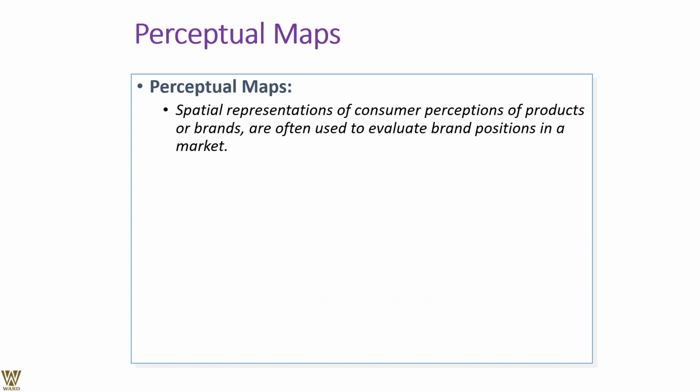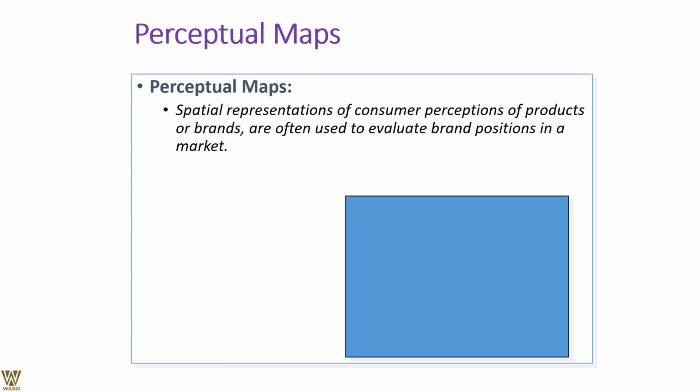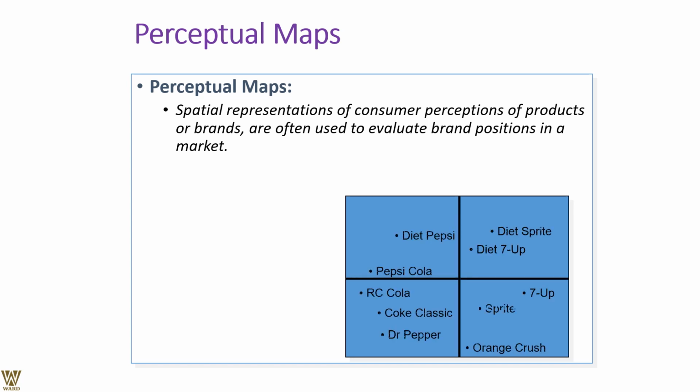A perceptual map is a spatial representation of consumer perceptions of products. I'll show it to you right now. Such maps are often used to evaluate brand position in a market, as the case might be. If you look here, you have a lot of brands, but on a differential level, how many of them are on the proper path to go forward?